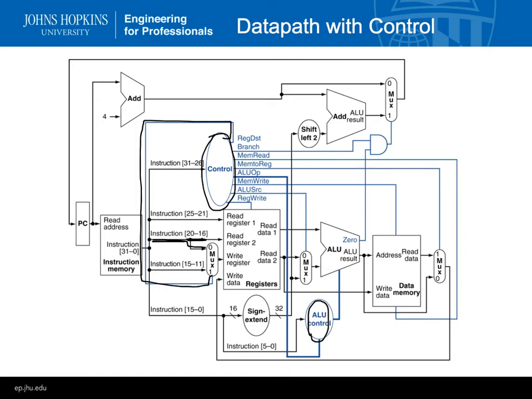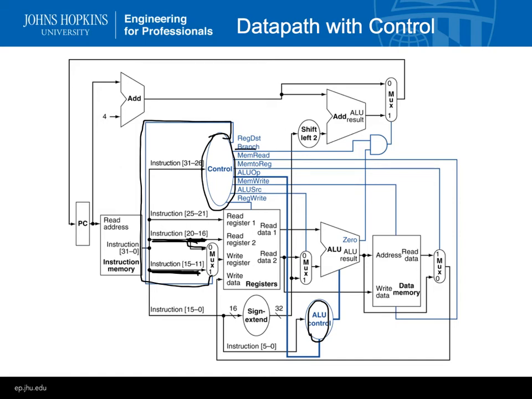But if I'm doing an R type, I'm going to write to this one in that part of the instruction. Remember, we saw the different fields. This is that field in bits 11 to 15 for an R type, the register that I'm going to write to. And here for a load, this is the register I'm going to write to.